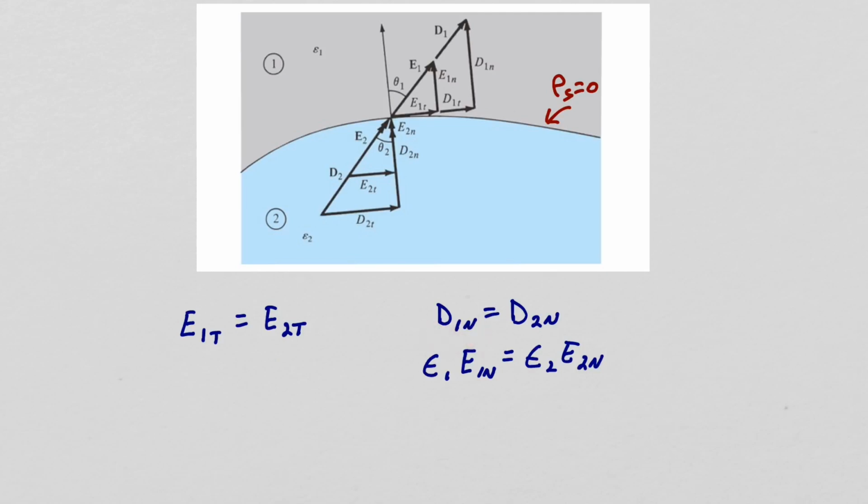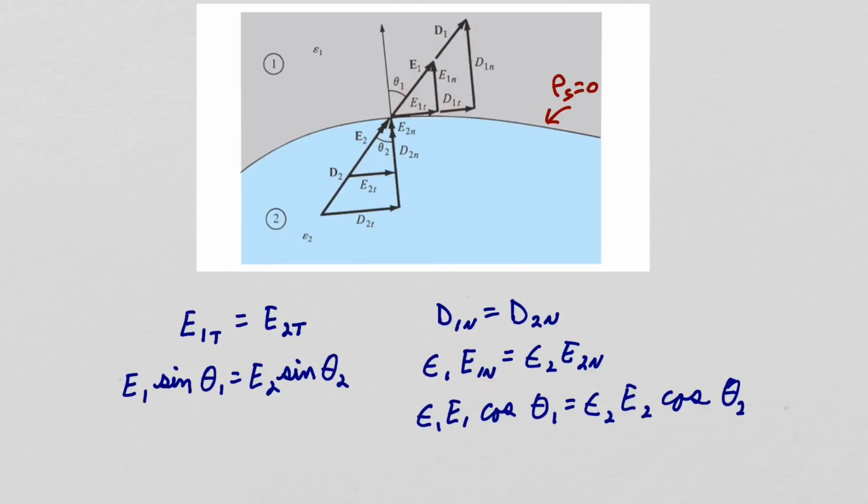From these right triangles, we can relate the tangential and normal components of the electric field intensities to the electric field intensities. For instance, E sub 1 tangential will be E sub 1 times the sine of theta 1, and E sub 2 tangential will be E sub 2 times the sine of theta sub 2.